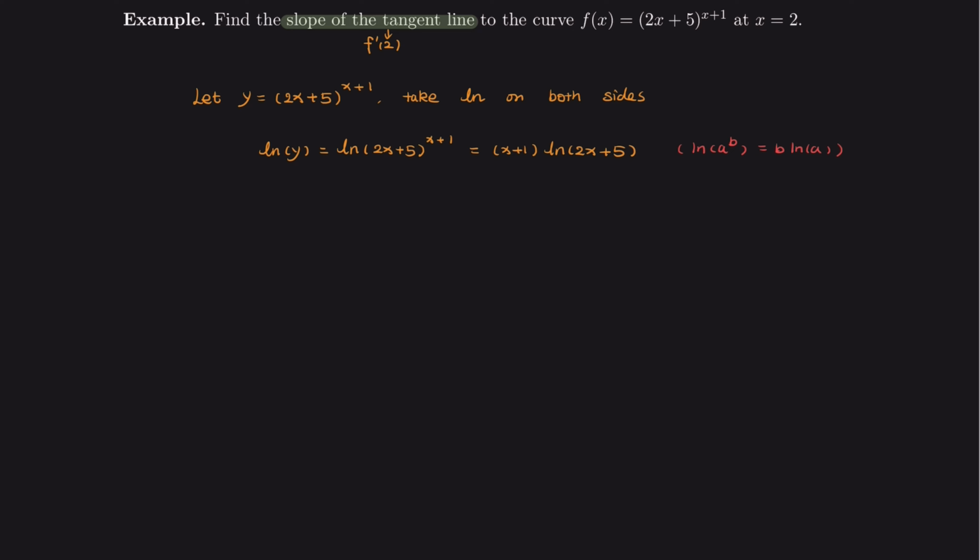And now, if you look at this, you'll see that instead of a function to the power of another function, I have a product of two functions. Now we can differentiate both sides of the equation.